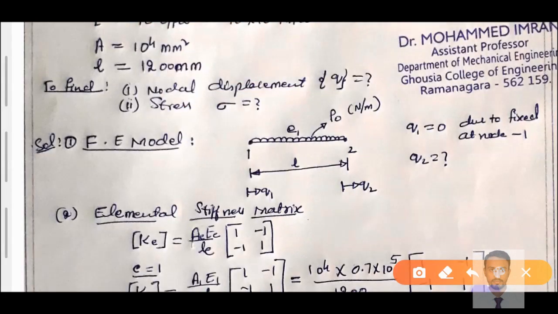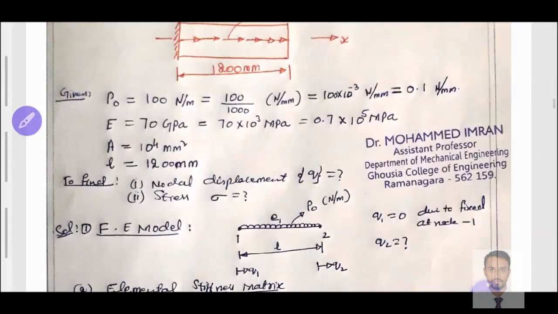Step number 1 of the finite element method: I'll convert that into the FE model. We have two nodes, node number 1 and node number 2.